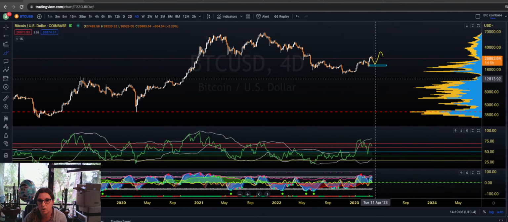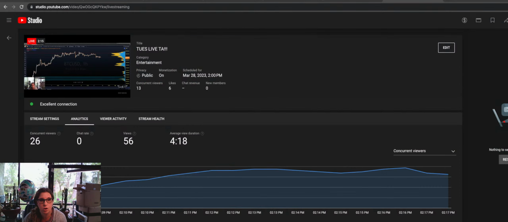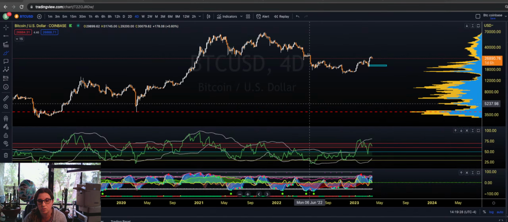So to say that we are going back on a bull run right now is not something that anyone should be saying that they're 100% confident about. And I'm not trying to sound bearish either, by any means. I'm just saying that we don't have all the signals yet. It's looking good, but some more things have to happen.